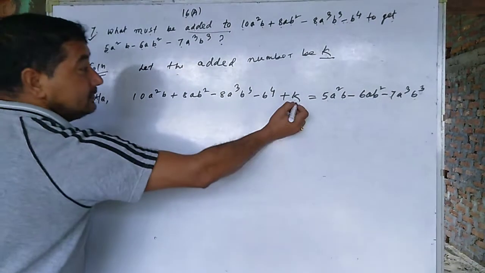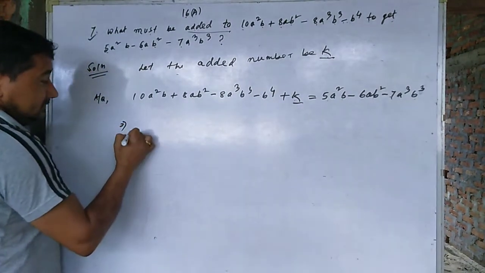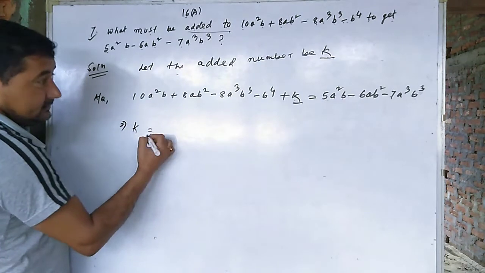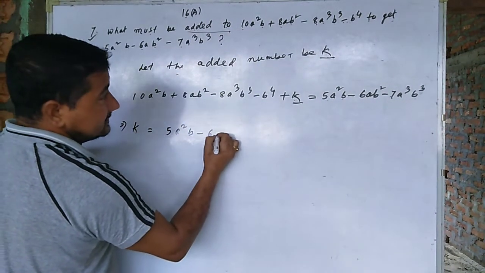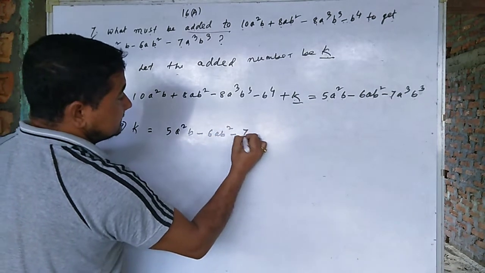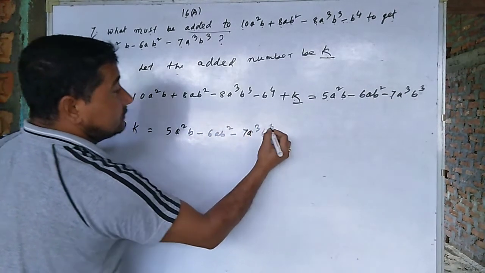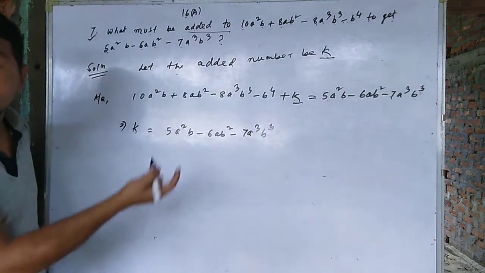Now from here you find the k value. k is equal to 5a square b minus 6ab square minus 7a cube b cube, and this term you take to the right hand side.